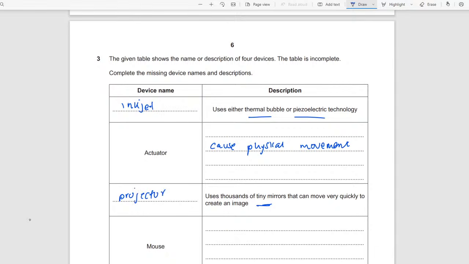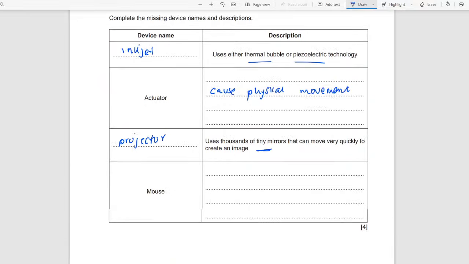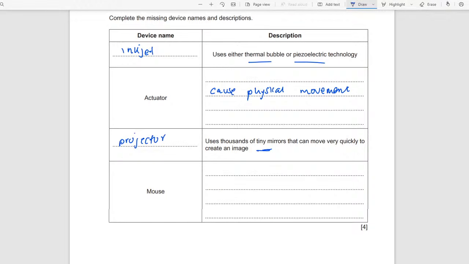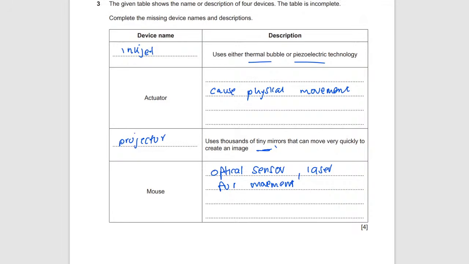And the mouse would basically use an optical sensor, and you can also mention that it would use a laser for movement. You can give an example again, and basically the movement is echoed onto the screen. So we move on.